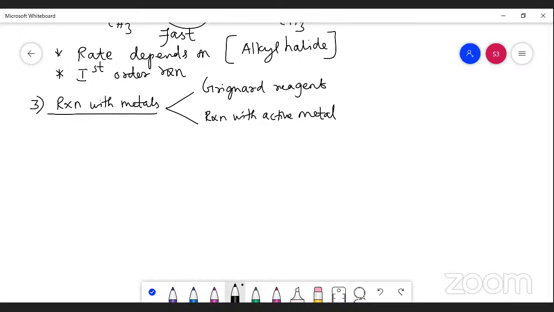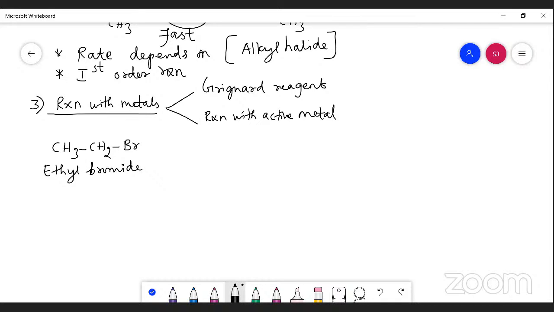Okay. So first, for the Grignard reagent reaction, take any alkyl halide, CH3 CH2 Br. What is this alkyl halide? This is ethyl bromide.